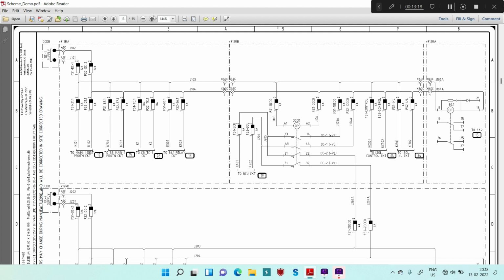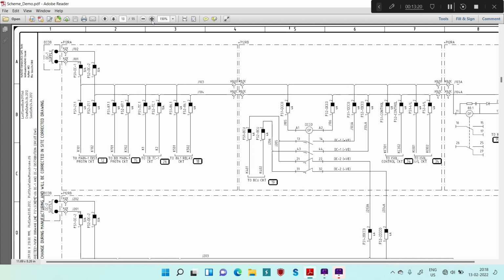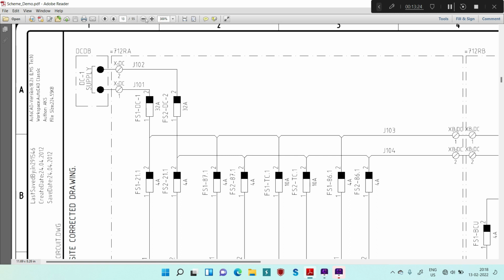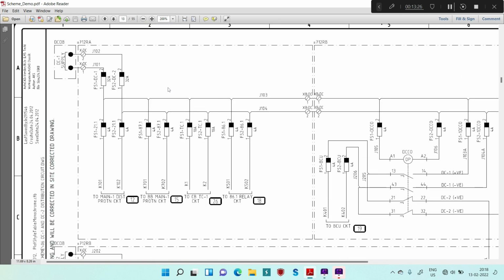Now the most important thing, which is your DC distribution circuit. If you see here DC distribution, it is very important to understand that in any circuit from here on, there will be some dotted rectangles and some circuits present inside those dotted rectangles. The first one over here is a small rectangle in which there is DC supply 1.